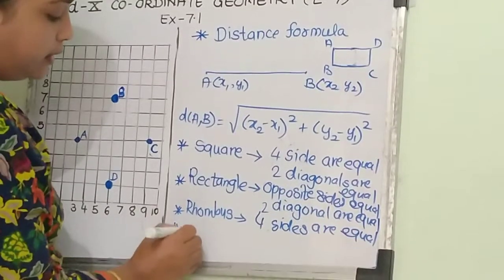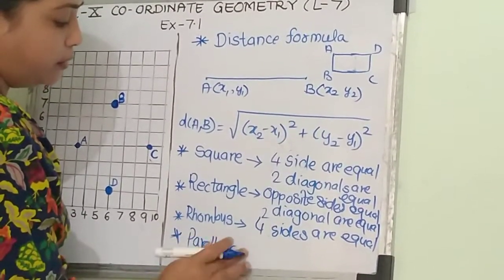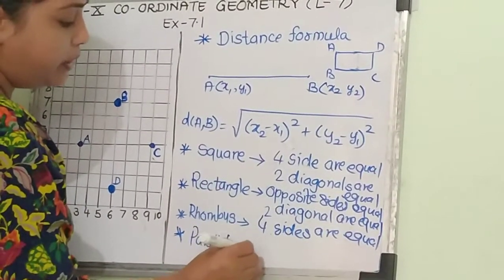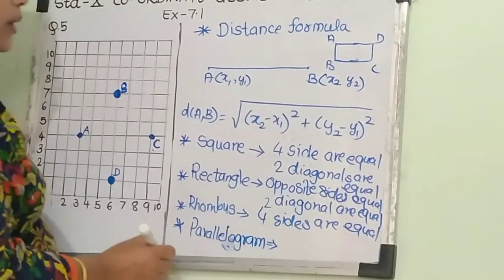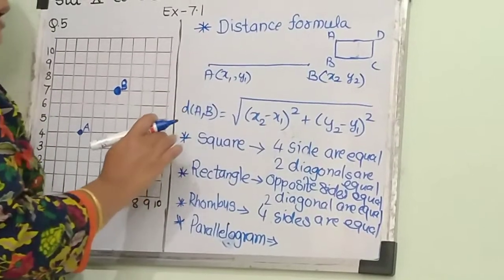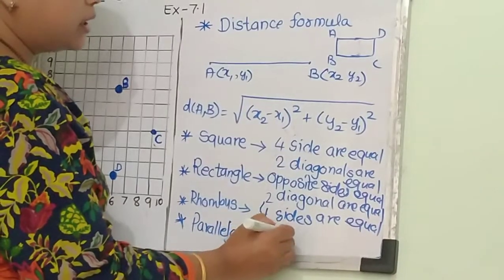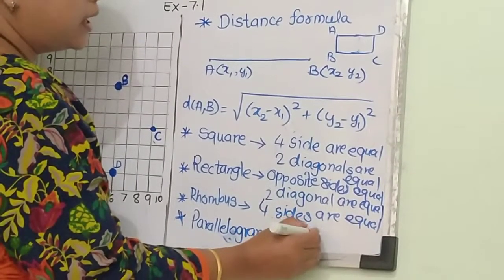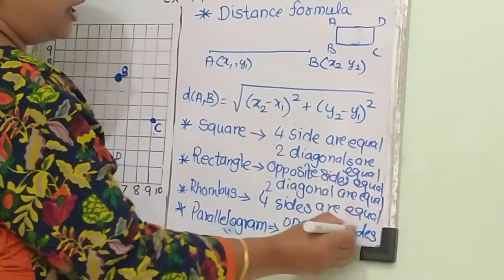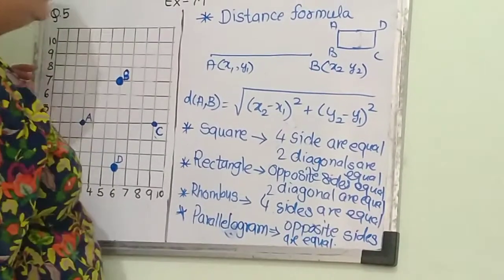And last, that is a parallelogram. For the parallelogram, what do we have to do? Everyone knows the properties of a parallelogram: its opposite sides are equal and parallel. So here we have to check that opposite sides are equal.